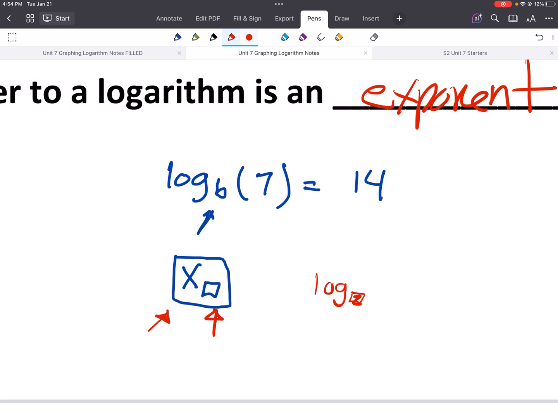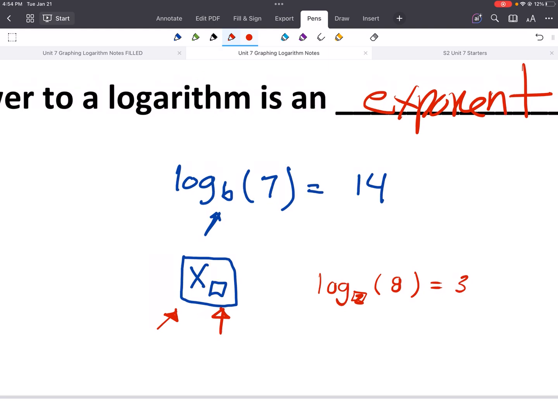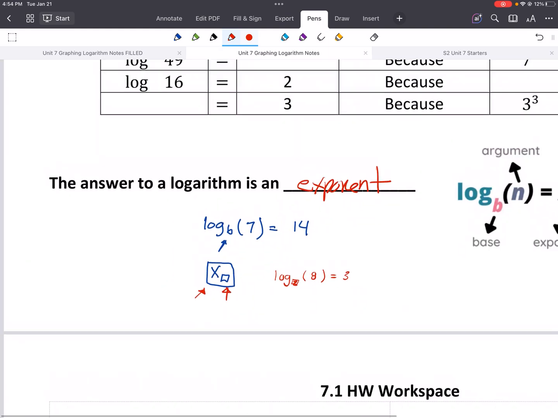Maybe it's 2. And then you'll have to push over so that you can put in the argument. Maybe it's 7, or maybe it's 8. And then you could write down the equal sign, and for this one, maybe it's 3. Okay? If you have any questions on how to type that in, just come and talk to me.